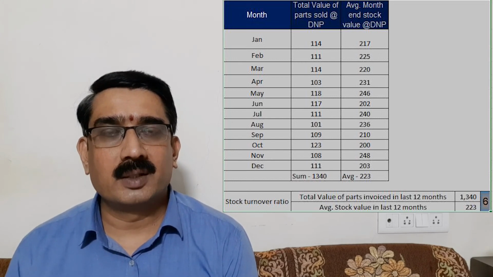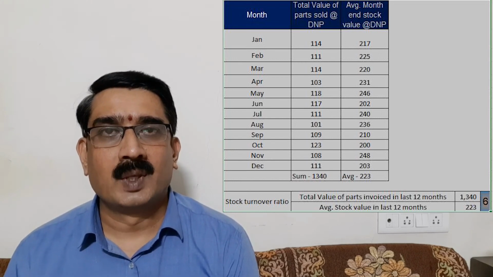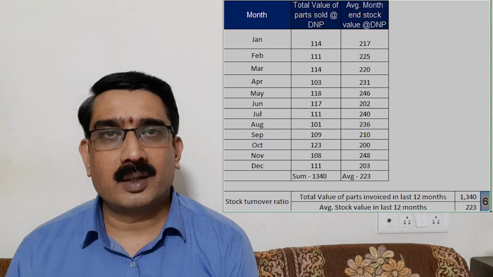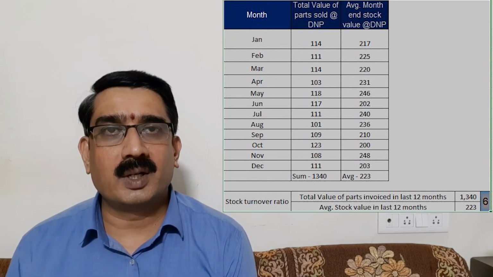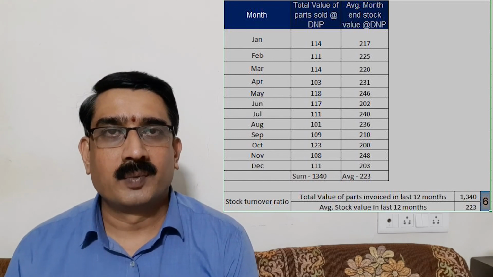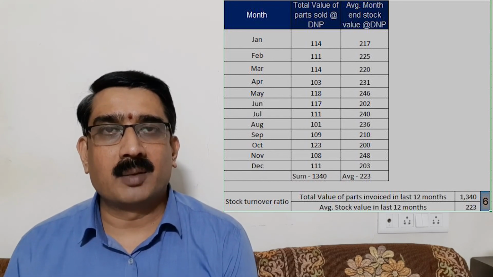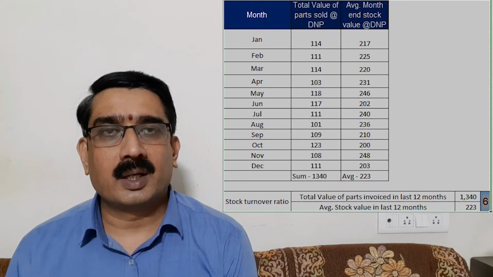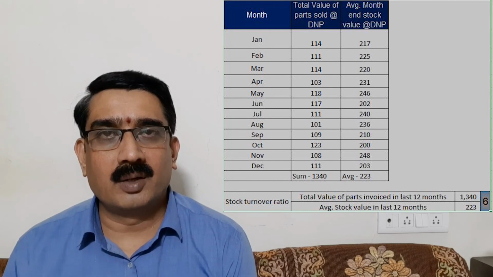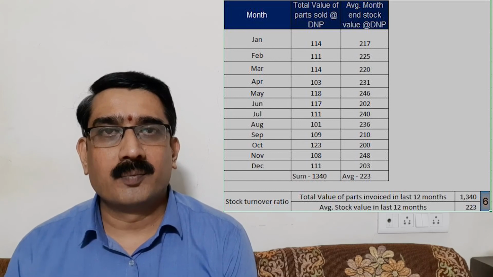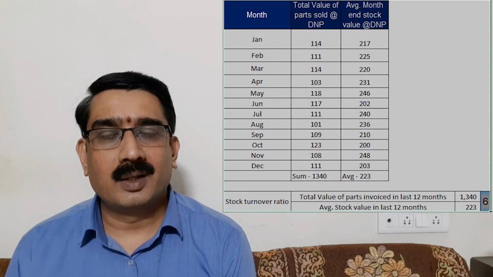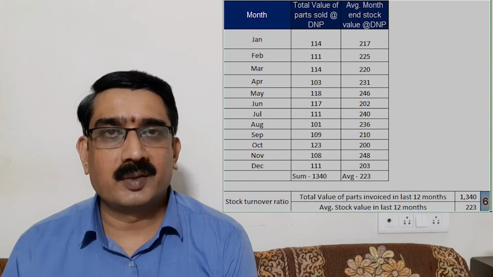So if we are rotating our stock 6 times in a year, it means we are holding 2 months of inventory. Again, what is the recommended value? There is no hard and fast rule. The more we rotate our inventory, the less fund we need to operate. That much I can say.